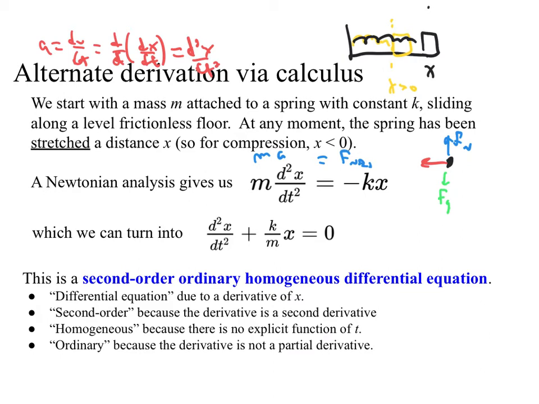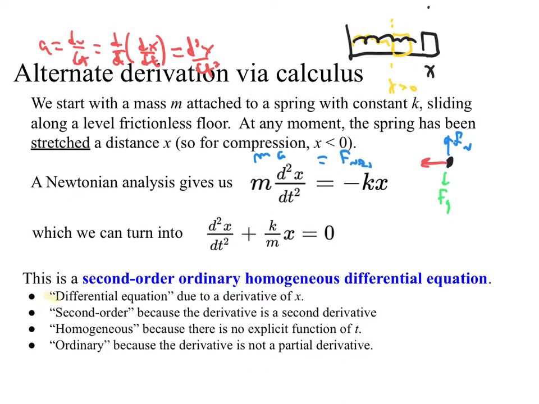Then we can do some algebra tricks, divide out by the m, bring everybody over, and we get that the second derivative of x plus k over m times x equals 0. This is some magic in mathematics. This is a second order homogeneous ordinary differential equation.